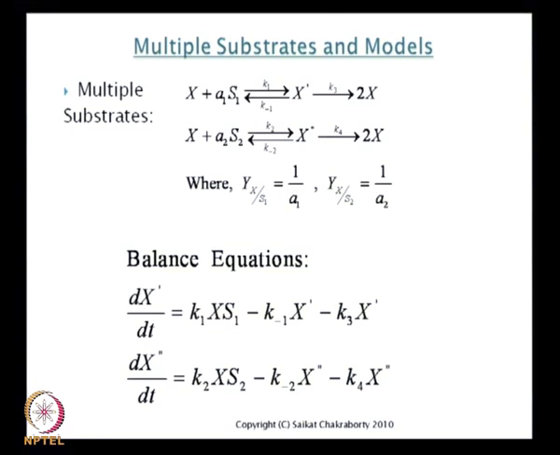So if I want to tell you that this is the rate of the reaction, I will say: this is the reaction, and if reaction 1 is an elementary reaction, then you will raise this to the power A1. But if A1 is not an integer, then it cannot be an elementary reaction. Do you understand what I am trying to say? If A is 0.75, it cannot be an elementary reaction because 0.75 of a molecule cannot combine with another molecule.